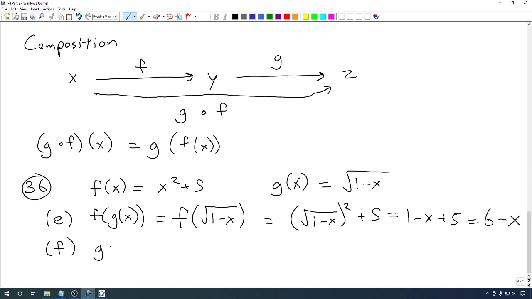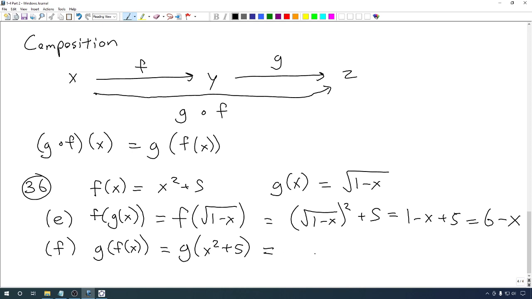Part f, they ask us to do the other direction. What happens if, instead of putting g into f, we put f into g? This is a similar process. We're taking g, but instead of putting x into g, we're putting the formula for f. We're putting the x squared plus 5 into g. And that means anywhere there's an x in our formula for g, we now need to replace it with an x squared plus 5.